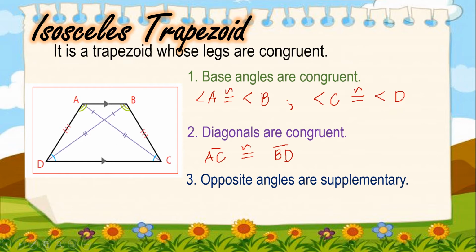It means that angle A plus angle C is equal to 180 degrees. Same with angle B plus angle D. Their sum is equal to 180 degrees.